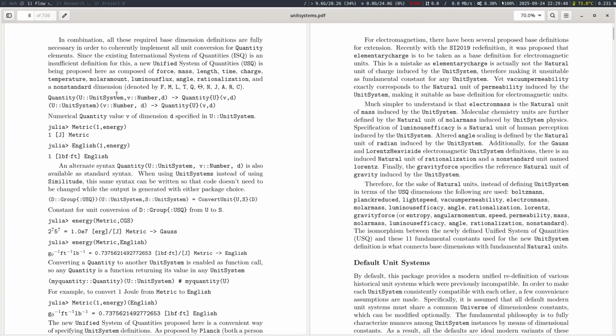In combination, all these required base dimensions definitions are fully necessary in order to coherently implement all unit conversions for quantity elements.